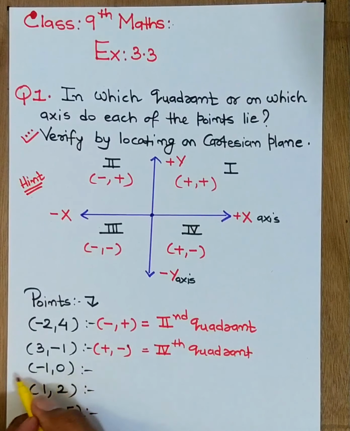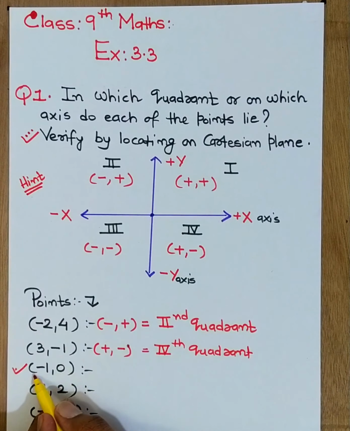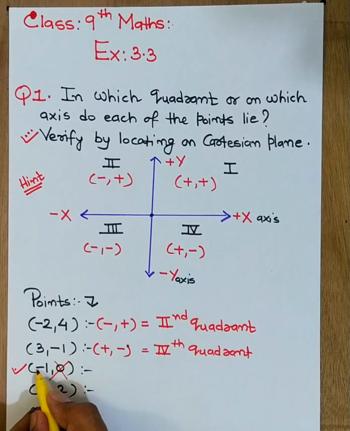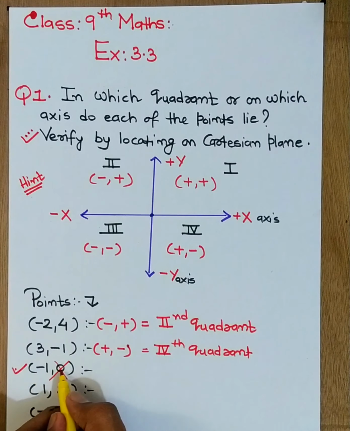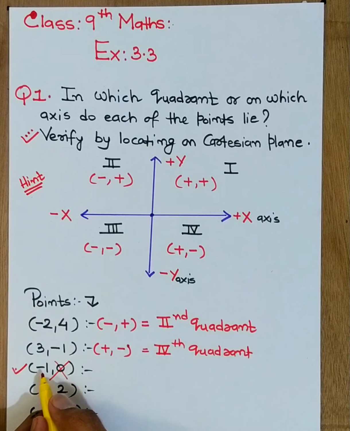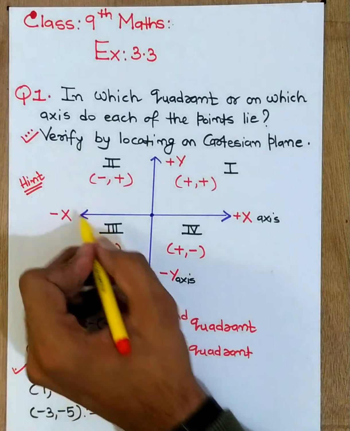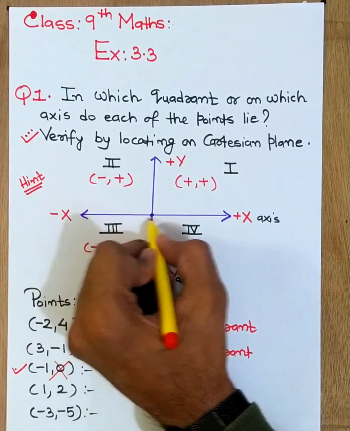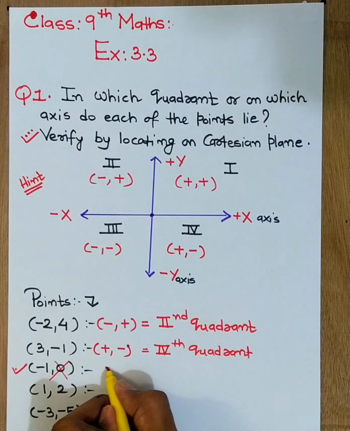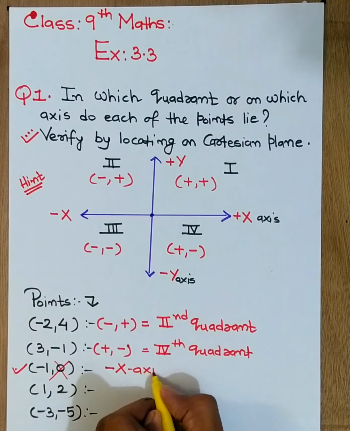See here, be very careful, this is a very important question. (-1, 0): over here you see there is no number, that means the y coordinate is 0, so the point only lies on the x-axis. Clear? But you see here the x coordinate is negative, so the point will lie on this side, so we will write specifically that the point lies on the negative x-axis.